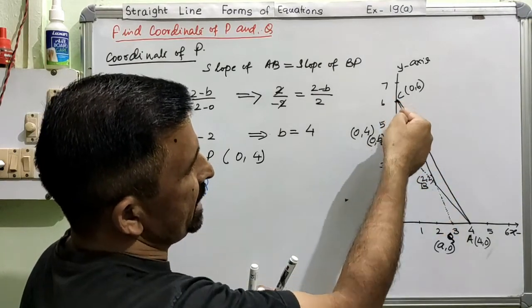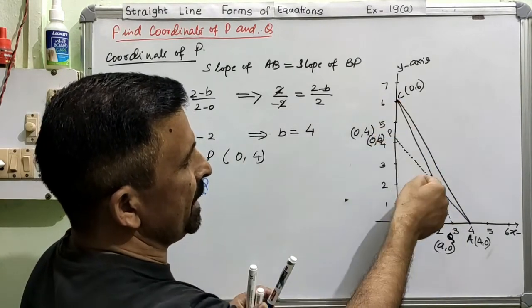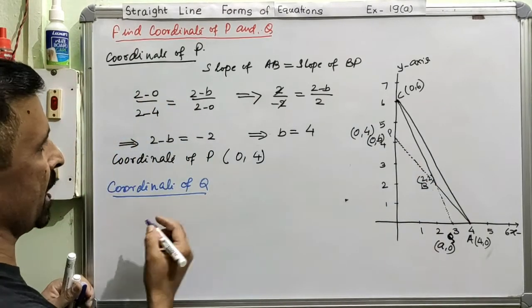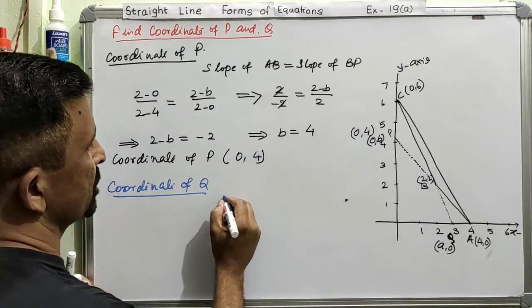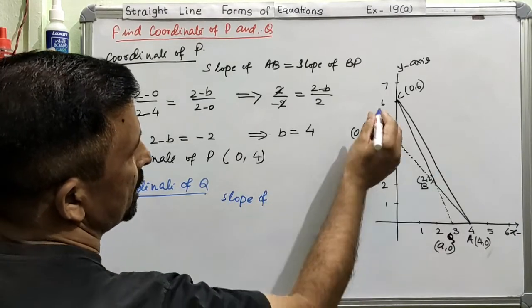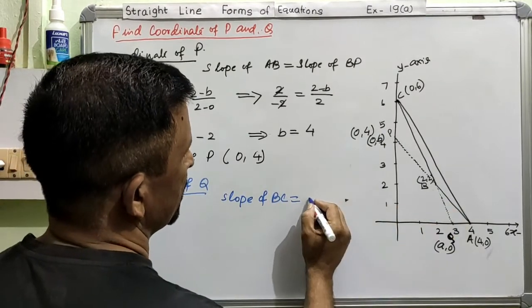That means C, B and Q are on the same line. Therefore, the slope of CB will be equal to the slope of BQ. So here we will write again, slope of BC will be equal to slope of BQ.